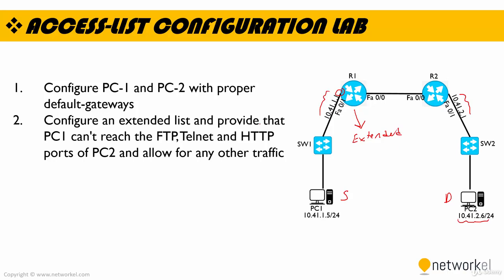So I'm gonna configure an ACL on router 1, which blocks the traffic for FTP, Telnet, and HTTP protocols coming from PC1 and destined to PC2. Alright, let's go.